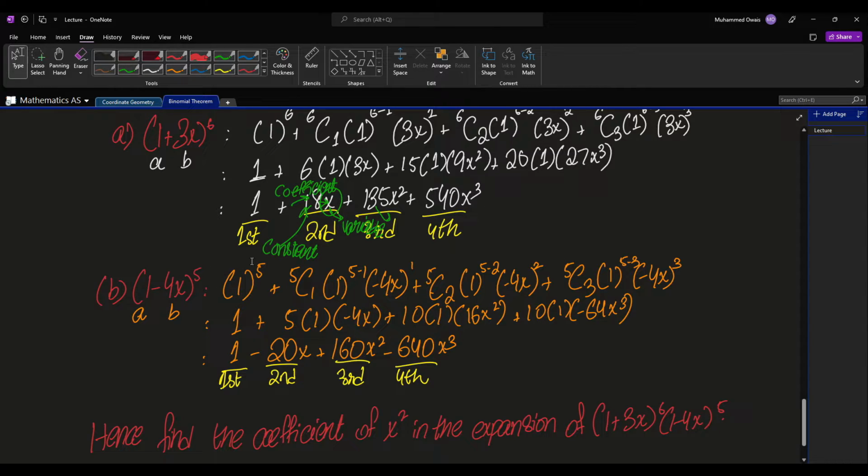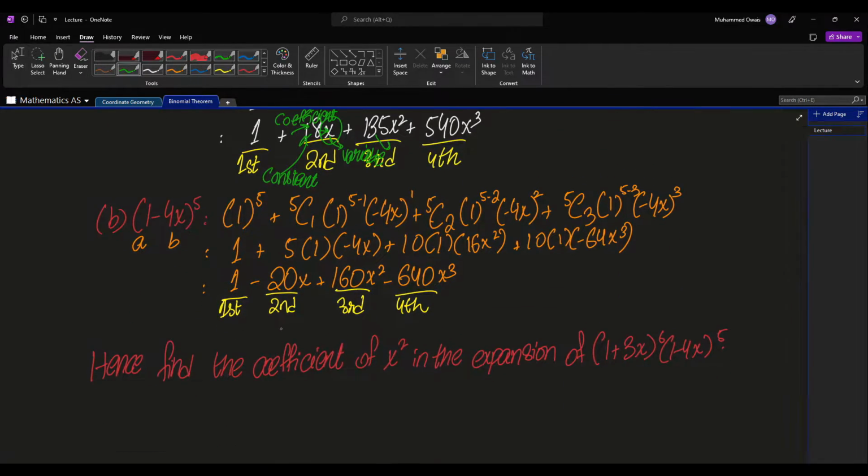So what they are asking us is that when you multiply these both, you will basically get a single value of x square. And now you need to tell me the coefficient of this x square. All right, so let us do that.